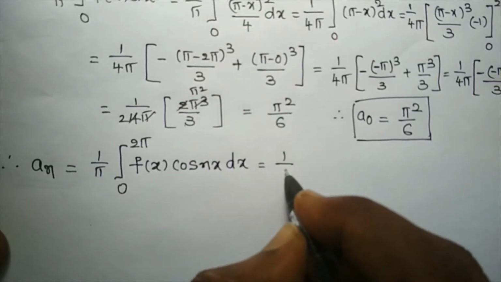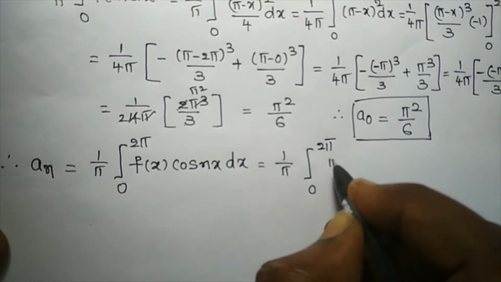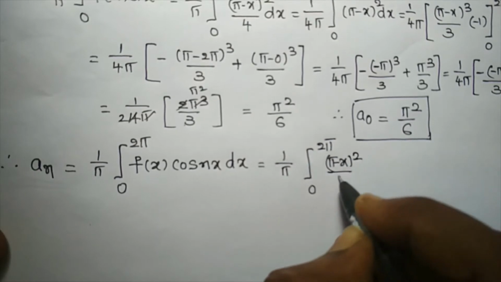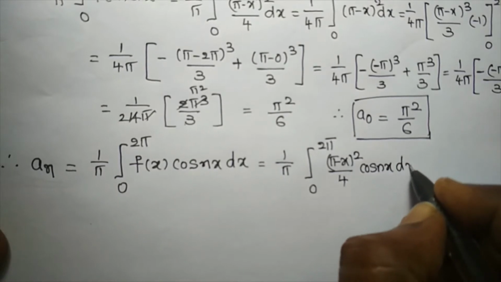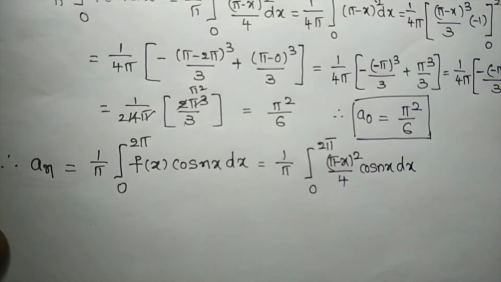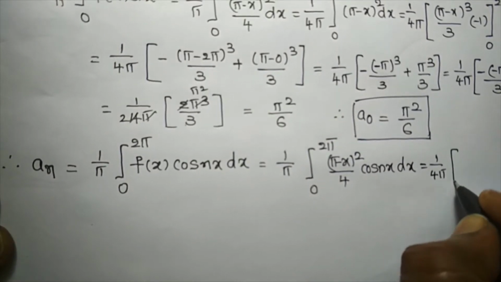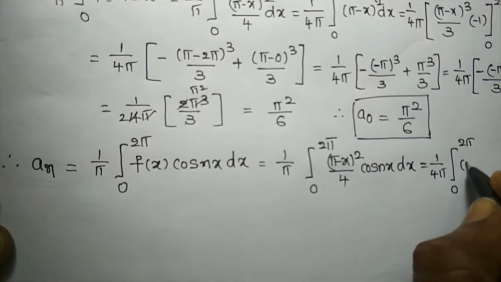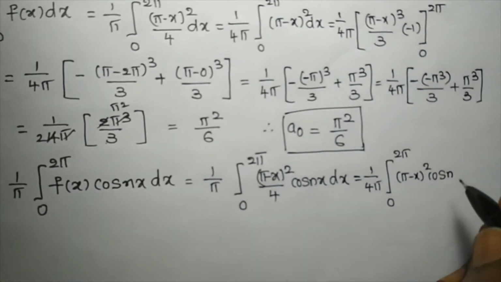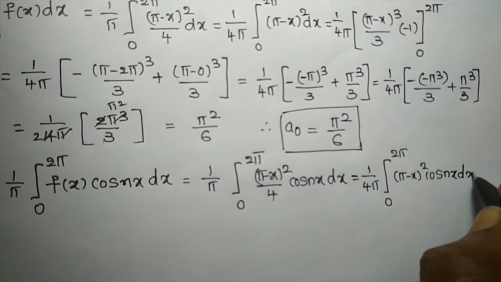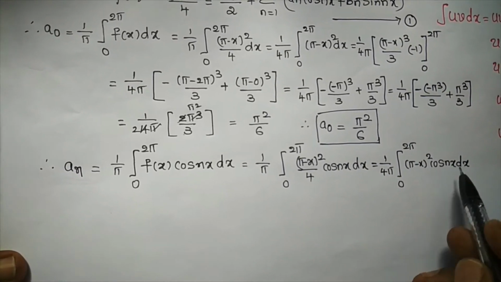Let us substitute: 1 by pi integral 0 to 2 pi, f of x is (pi minus x) whole square by 4, cos nx dx. So let us take 1 by 4 pi into integral 0 to 2 pi (pi minus x) whole square into cos nx dx.